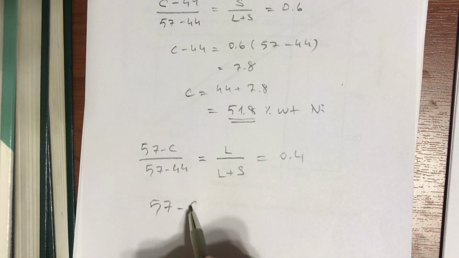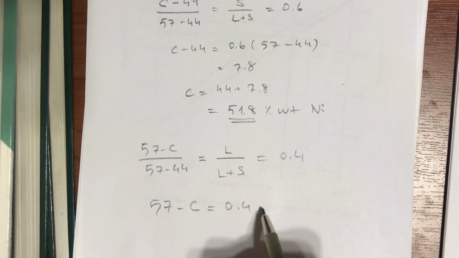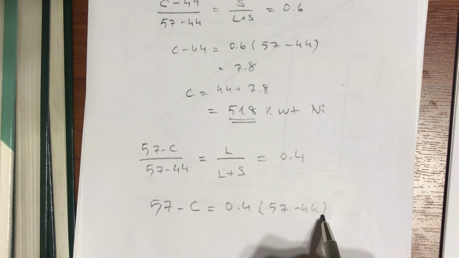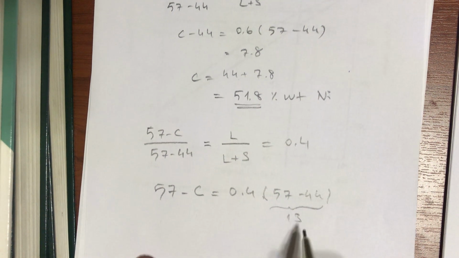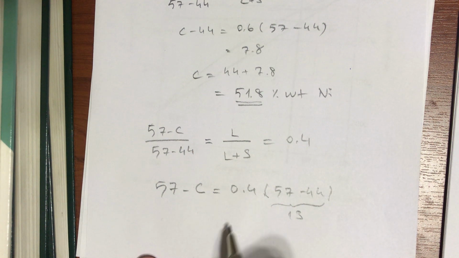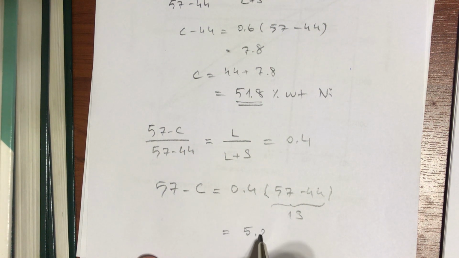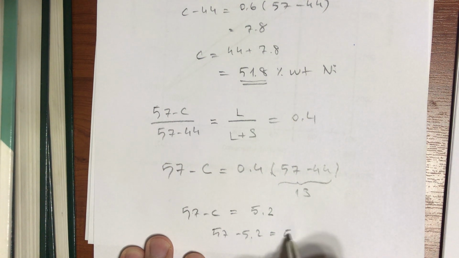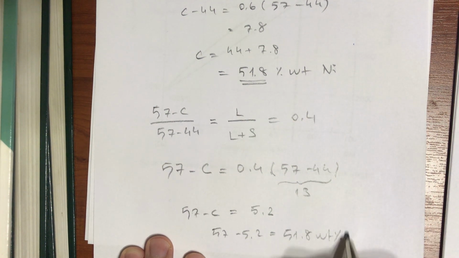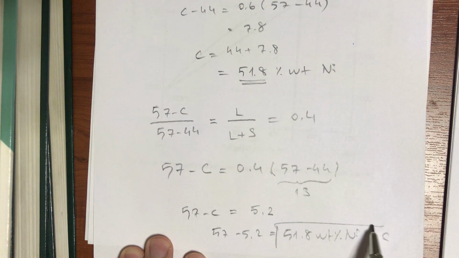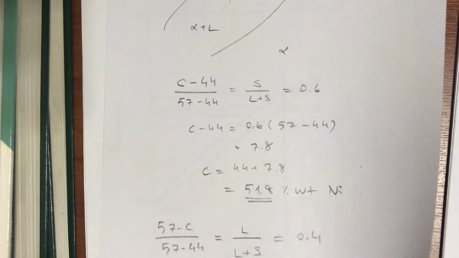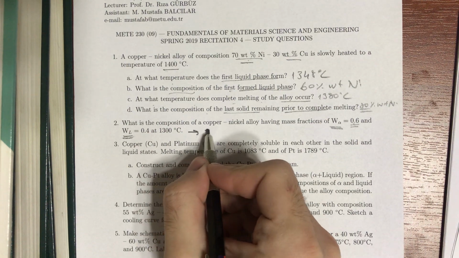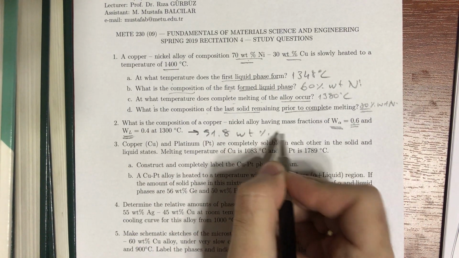So if we do the same calculation again, 0.4 times 57 minus 44, this is 13 times 0.4, that's going to be 5.2. 57 minus C, so 57 minus 5.2, yeah, 51.8 weight% nickel. Again, we come to the correct solution. So this is 51.8 weight% nickel.